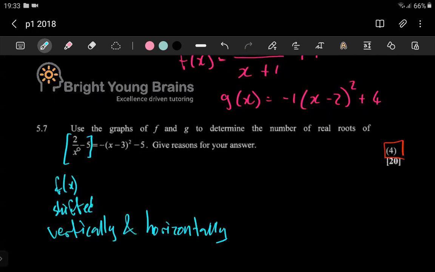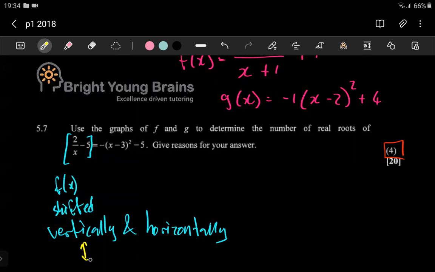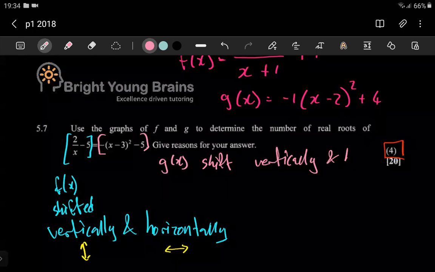So this is literally just the graph of f shifted horizontally and vertically, meaning it has been shifted from top to bottom or bottom to top, and also from left to right or right to left. It doesn't matter. This also here is literally just g of x shifted vertically and horizontally.